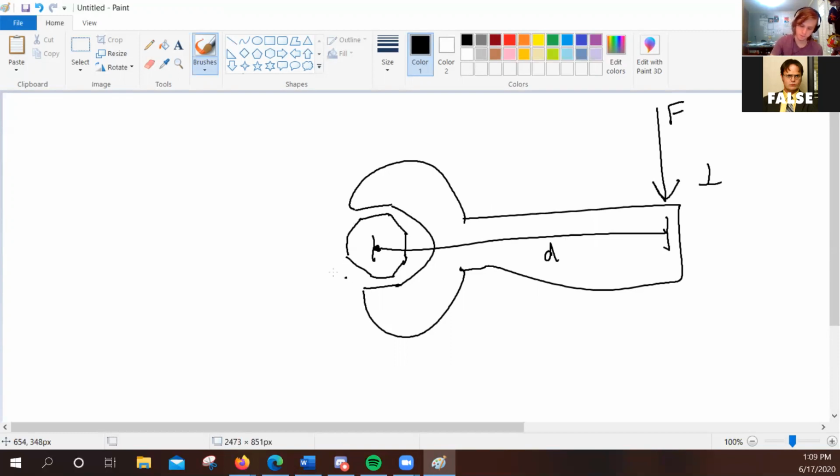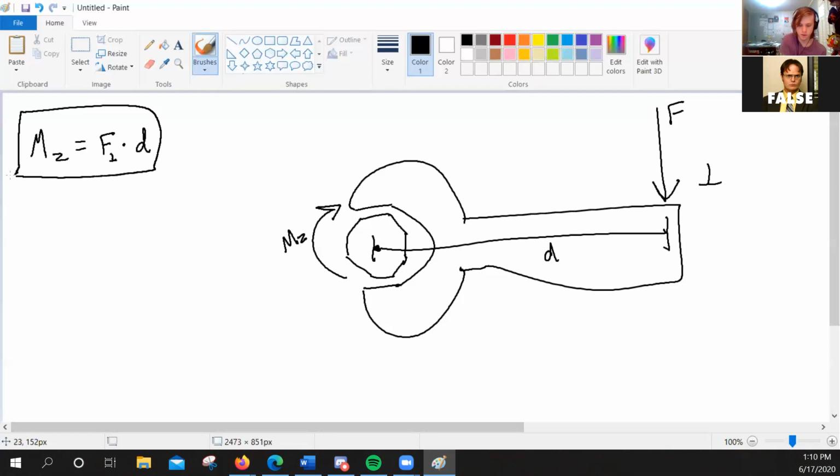So we're looking for the moment around this point here. So this would be the moment that we're looking for. And the way you find it is basically it's just the perpendicular force times that distance. And that is basically all you need to know for moments.